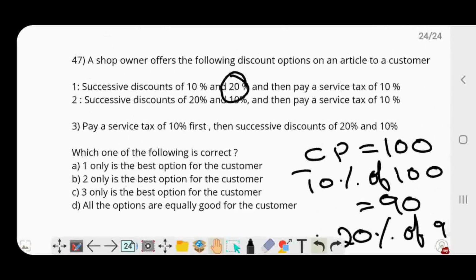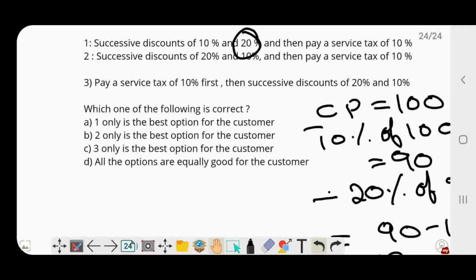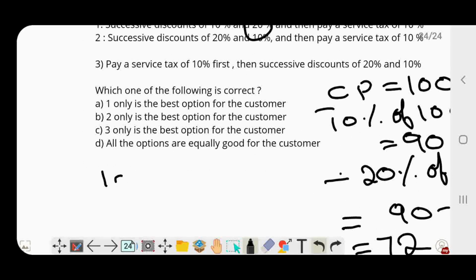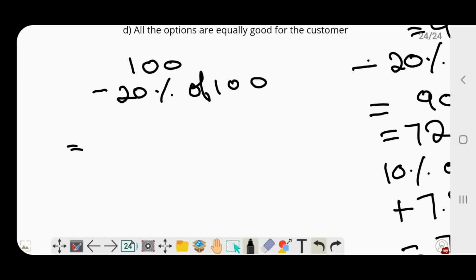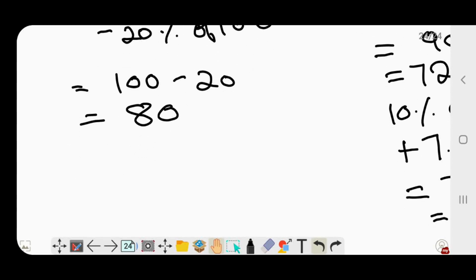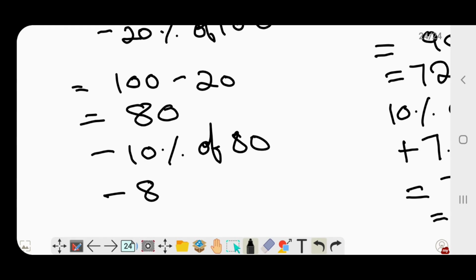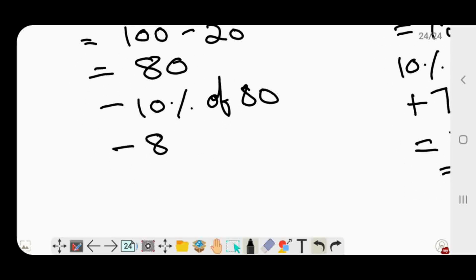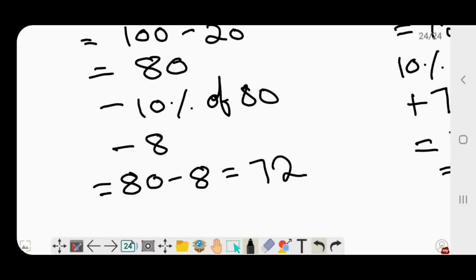In the second scenario, the successive discount starts at 20%. So 100 minus 20% of 100 is equal to 100 minus 20, which is 80. After that, I deduct 10%. I give a discount of 10% of 80, that is minus 8, that will be equivalent to 80 minus 8 is equal to 72, just like last time.